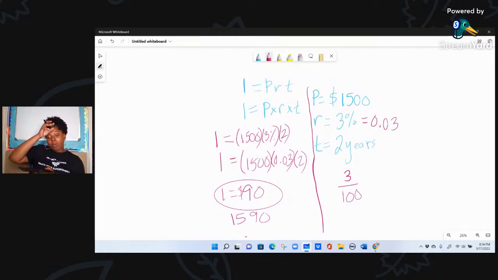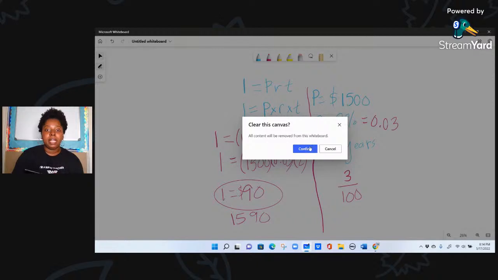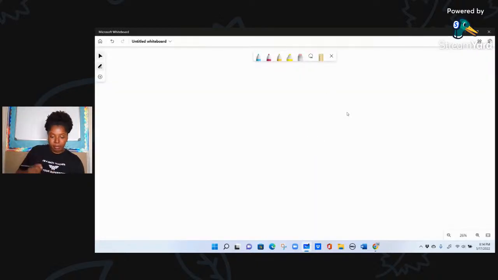So now we're going to do radius, find circumference. Clear canvas. Radius of a circle. Let's draw a circle as neat as possible. So we have a circle and the center of the circle.